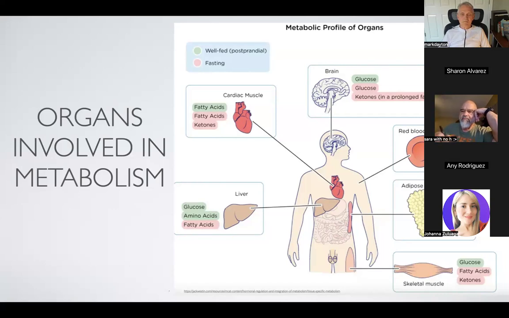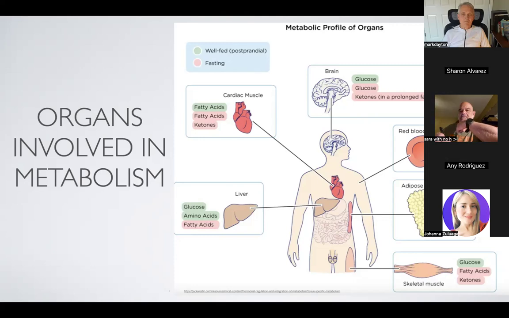The adipose tissue, these are our fat cells. That's involved in our metabolism, and therefore also our skeletal muscle. Those kind of go hand in hand, the fat cells and our skeletal muscle. So these are all of the organs that are involved in having healthy cardiometabolic states.